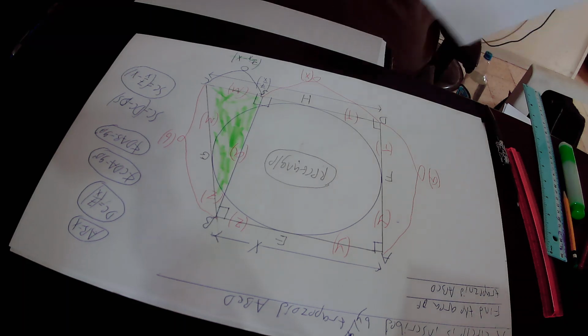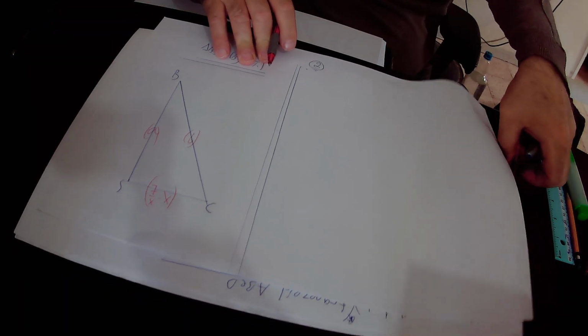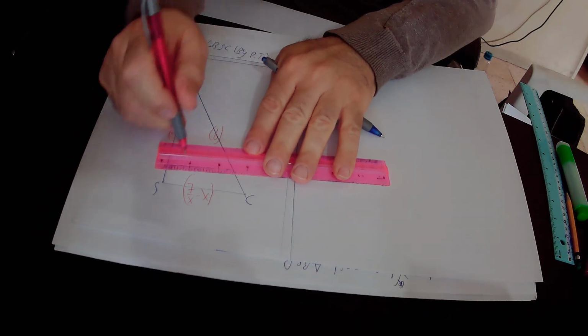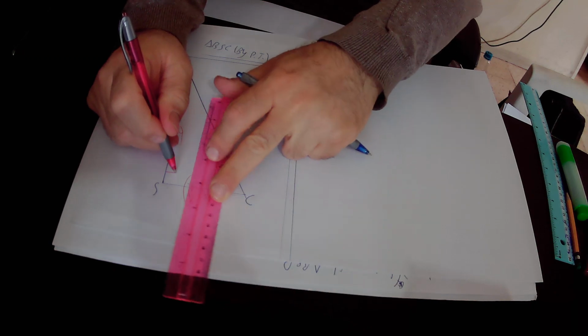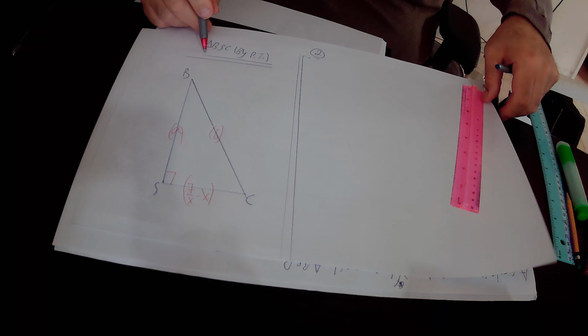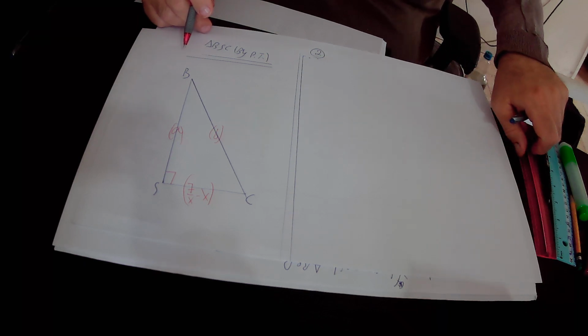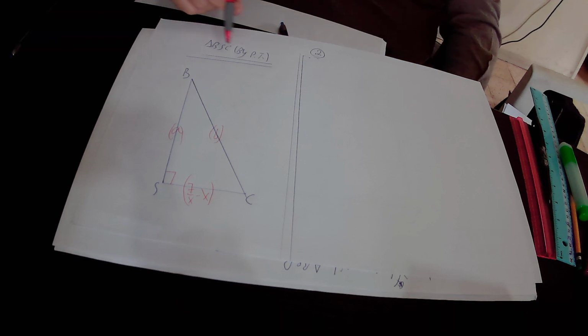So actually, this is the right triangle. This angle equals 90 degrees, of course. This is the right triangle BSC that I copied from the original drawing. In this right triangle BSC, according to the Pythagoras theorem, BC squared equals BS squared plus SC squared.